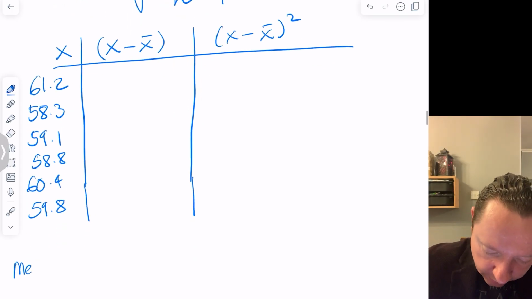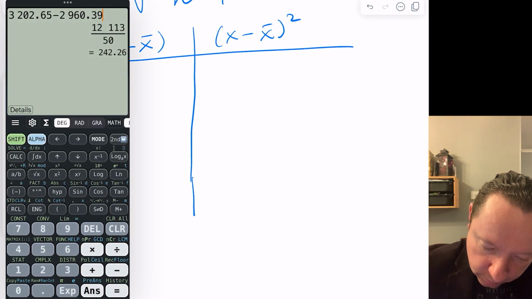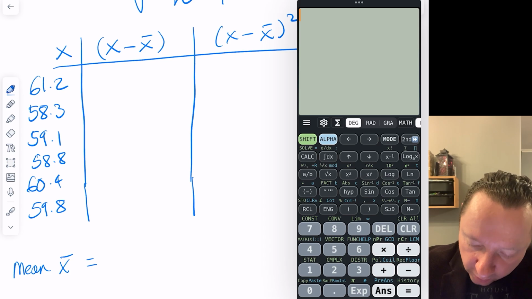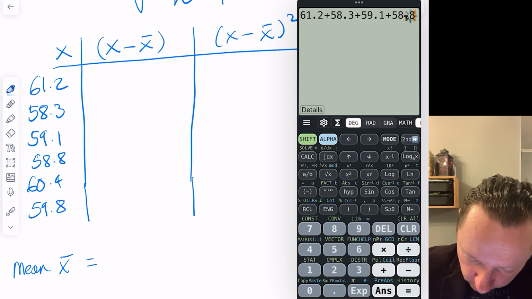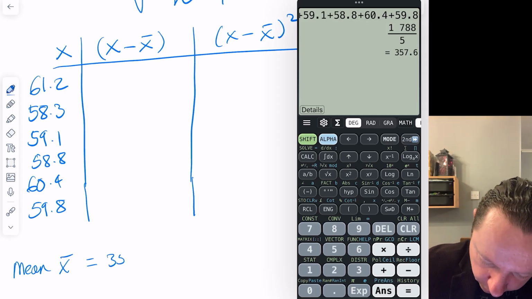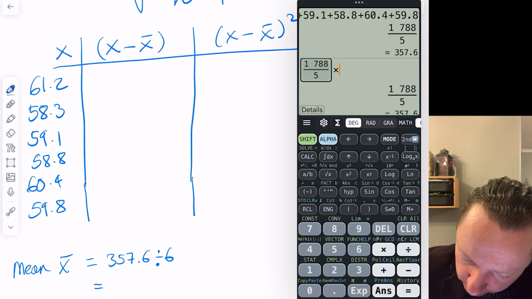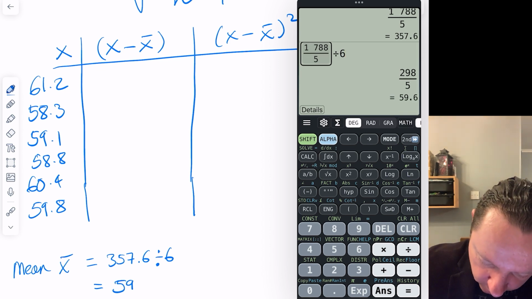Working out the mean, you just get your calculator, add up all the numbers, take a note of that total, and we're going to divide by how many numbers there are, which are 6. 59.6 is our mean.